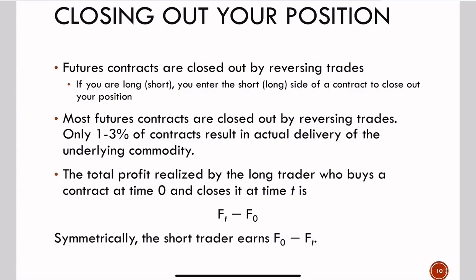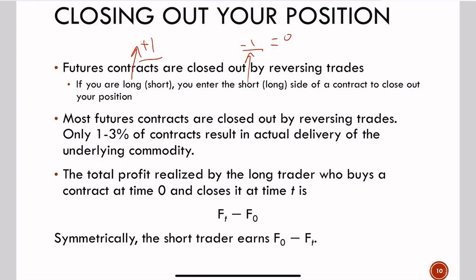By the same reasoning, if you have entered a short position, then to exit your position, you will enter the long position. Right? So it's actually a pretty easy idea to understand. It's like, if long position means +1, short position means -1, so 1 minus 1 equals 0.